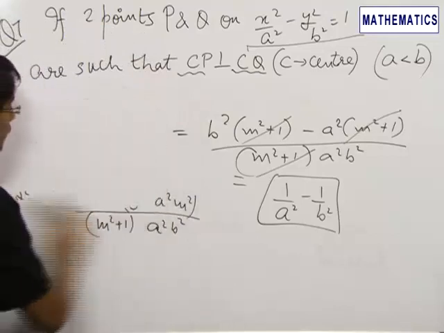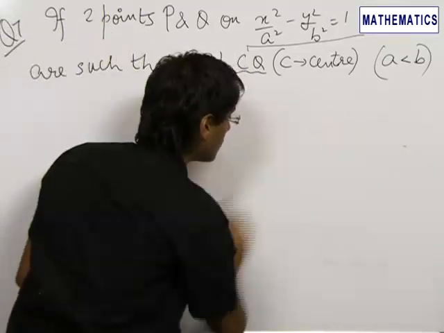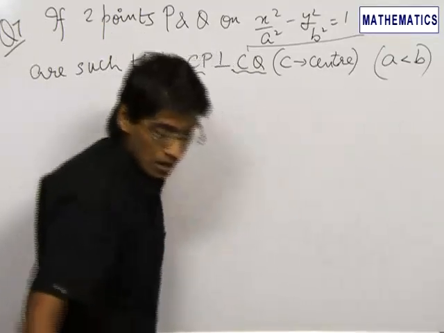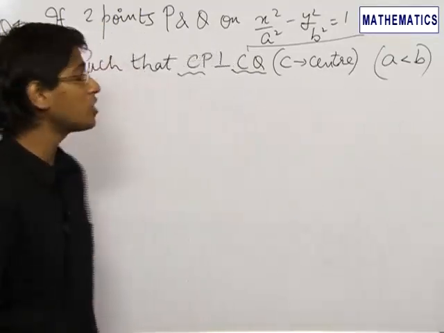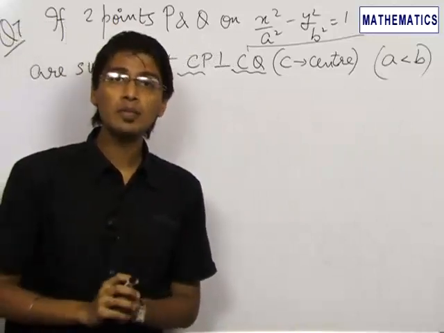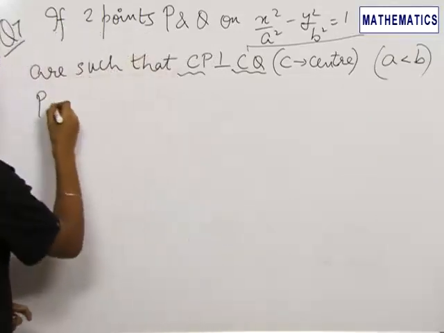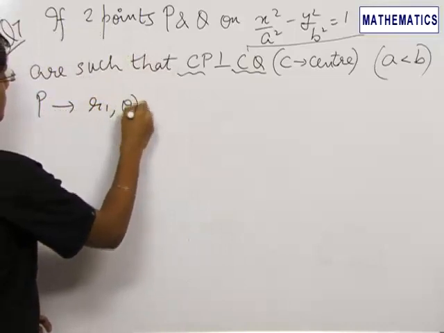Now there is an alternative way also, or rather a shorter way to solve this problem. Earlier we assumed the equation of CP to be y is equal to mx. Now we can solve this entire problem, instead of taking the coordinates x and y, by taking the parameters of P to be r1 comma theta.